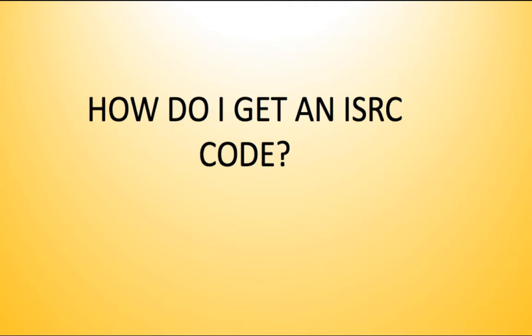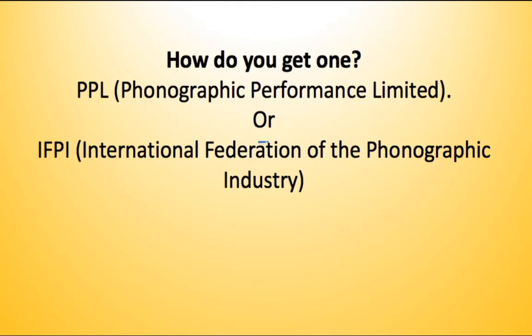How do I get an ISRC code? Go to PPL, which is Phonographic Performance Limited, or IFPI, the International Federation of the Phonographic Industry. You can go to one or both of those.